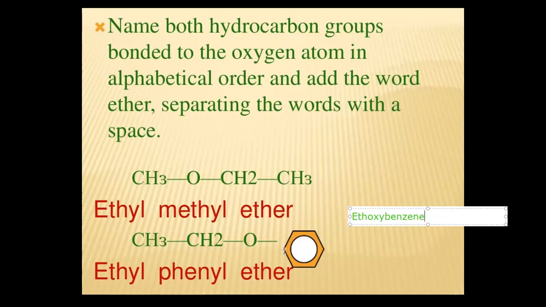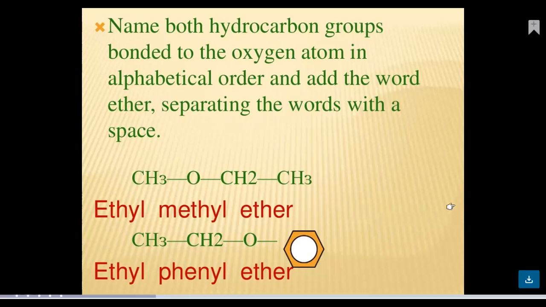When it's like a branch, you call it phenyl. But when you name it as the main chain, it is benzene. Phenol would be if it has the hydroxyl, the OH. Do you remember that? I mentioned that to you before, didn't I? Yes, you did. All right. I know it's kind of tricky, that one, but it's always good to go over those things so that you don't get confused.